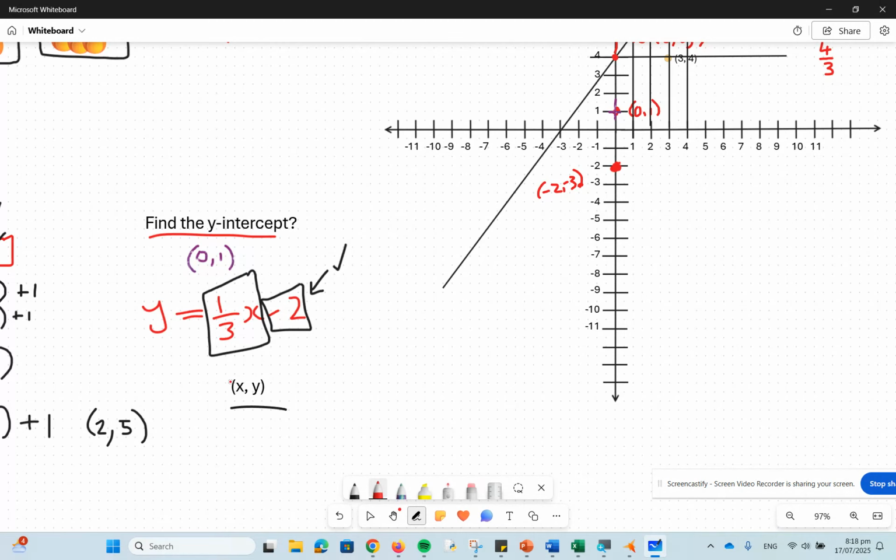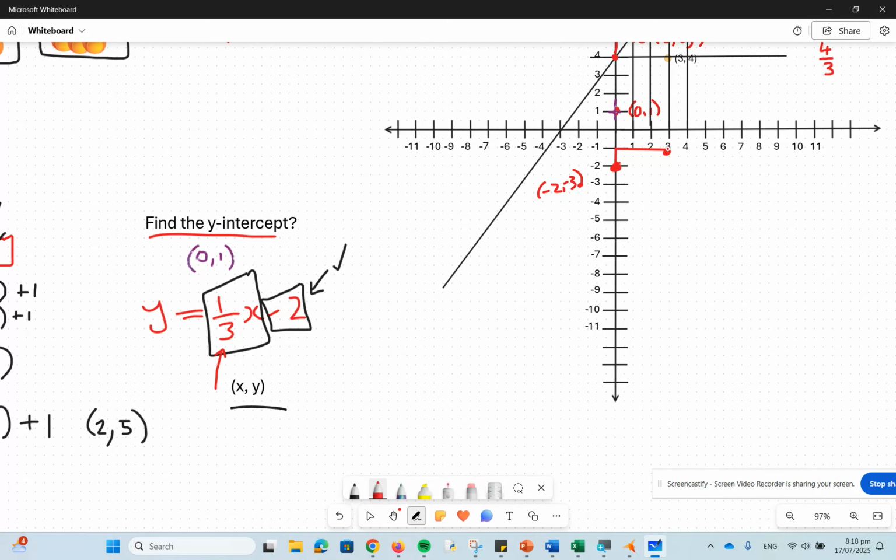This tells me rise over run: go up 1 and across 3. So from this point on the graph, at my y-intercept, if I go up 1 and then across 3, 1, 2, 3, I've plotted my second point just by using the gradient.